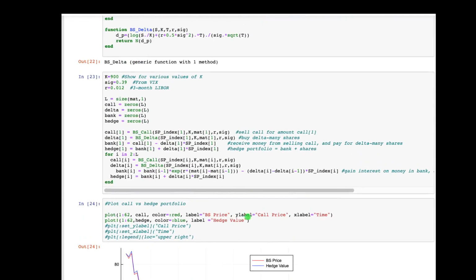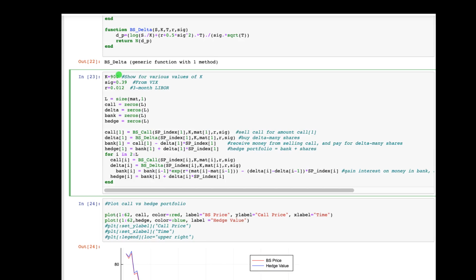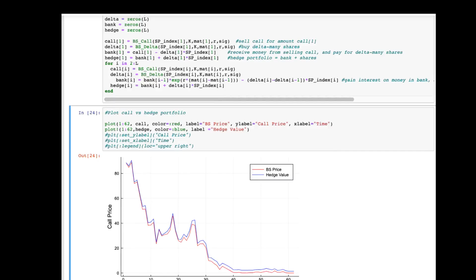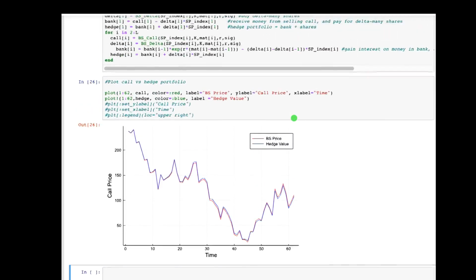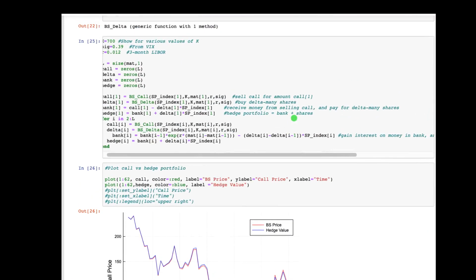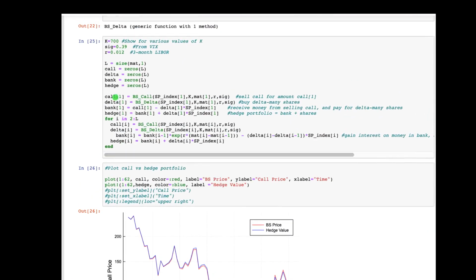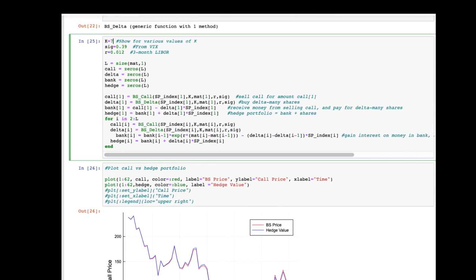If I do this with a strike of 700, so that the option expires in the money, we also see that the terminal value of the portfolio and the payoff are almost the same. This works even if we have a strike which is much lower, in other words, an option that expires much more deeply in the money, say 400.